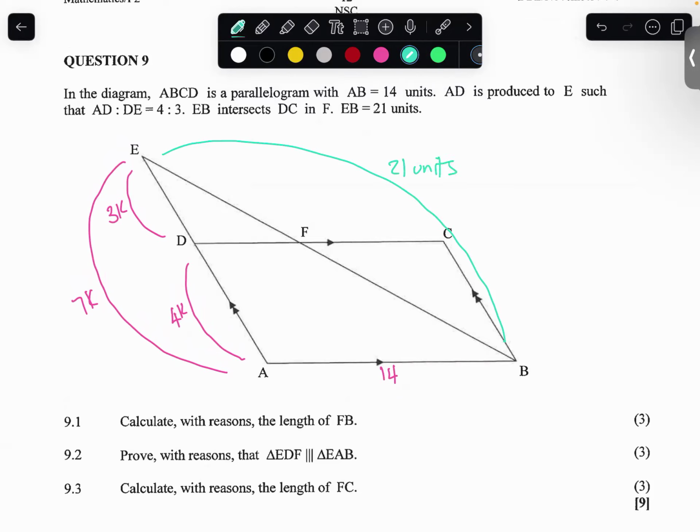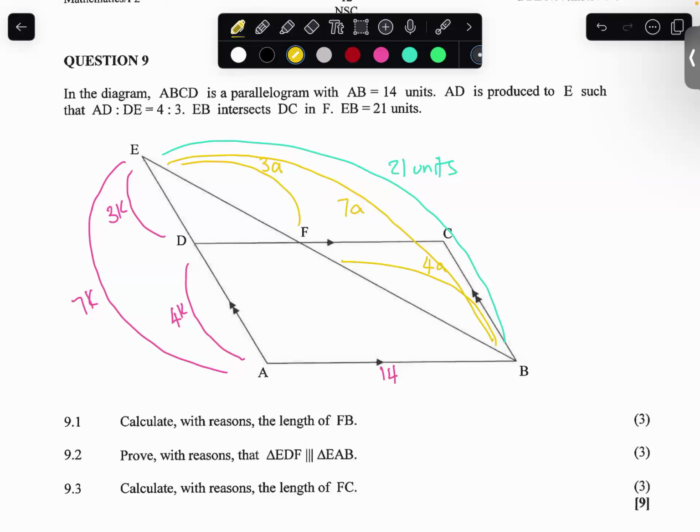But first of all, I have a set of parallel lines here. This line and this line are parallel within this triangle, which means I can use proportionality on the other side of that triangle. So just like AD is to DE as 4 is to 3, I'm going to say that FB over FE is 4A, I'm going to change the variable there to show you're dealing with a different side, is to 3A, which makes the whole thing ratio-wise 7A.